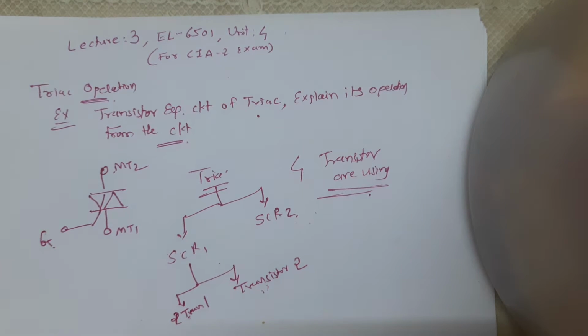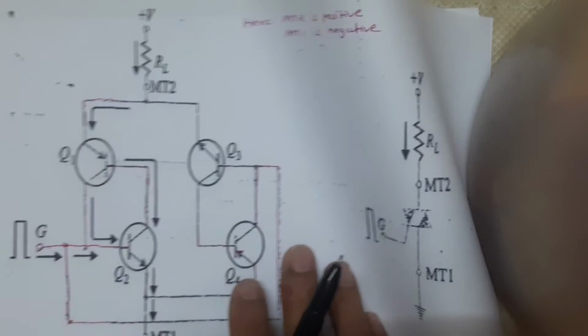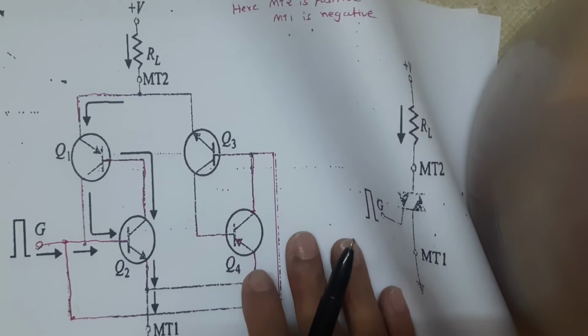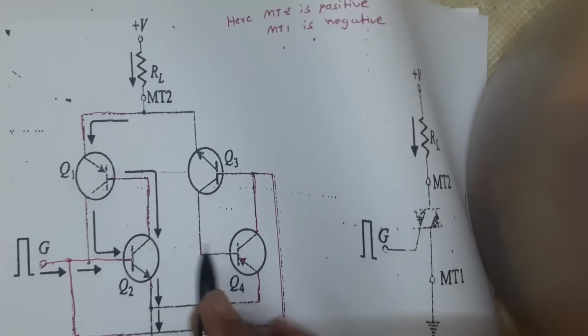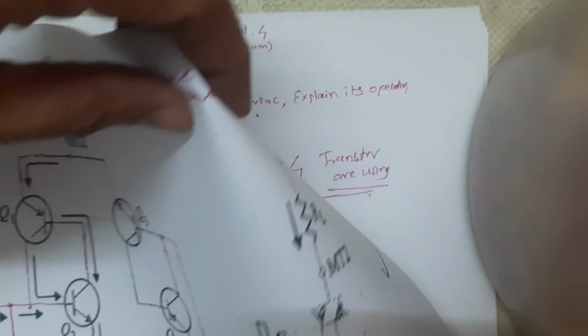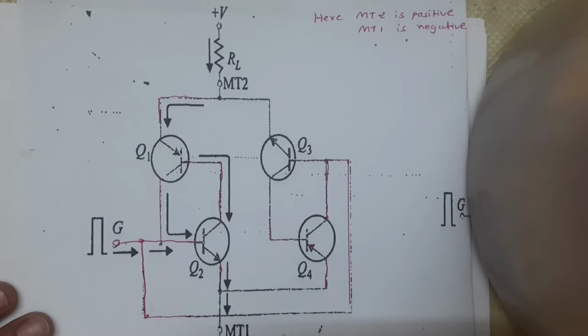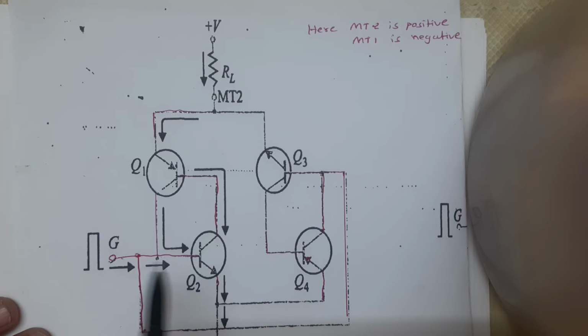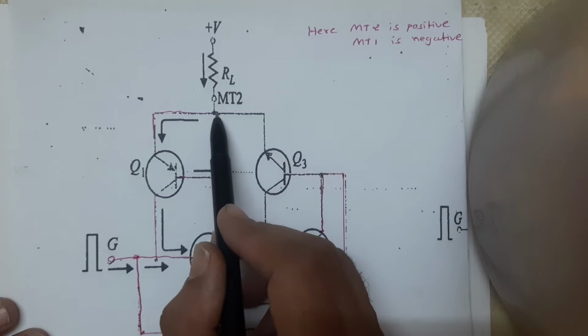So the circuit diagram looks like this. This is the circuit diagram for our transistor equivalent. Right? This terminal is your MT1, this terminal is the gate, and this terminal is our MT2.